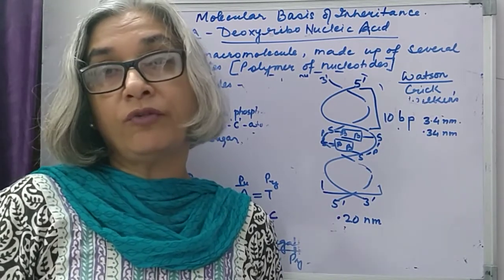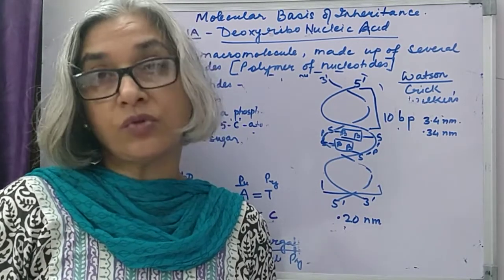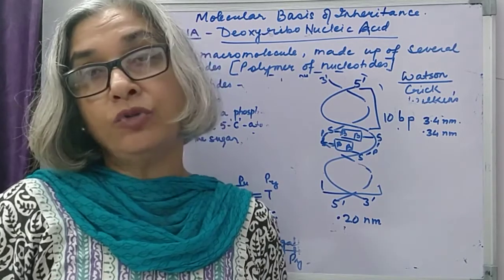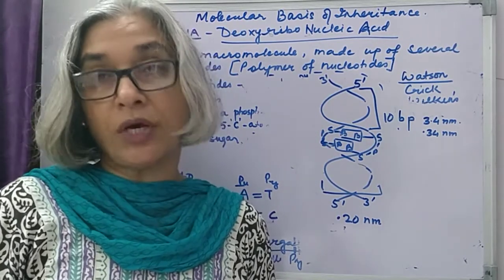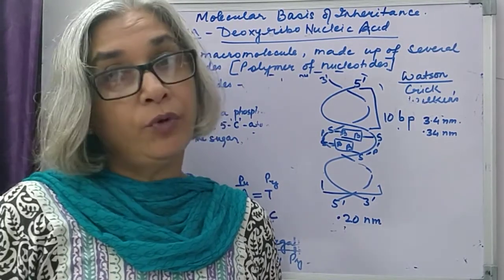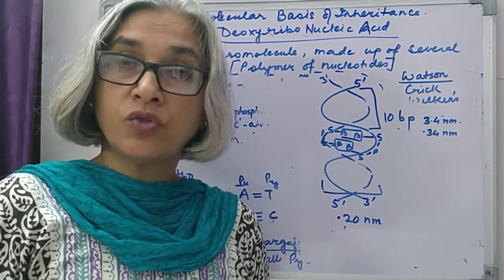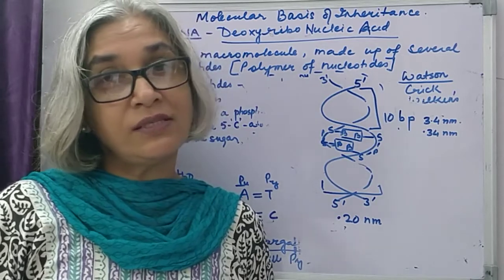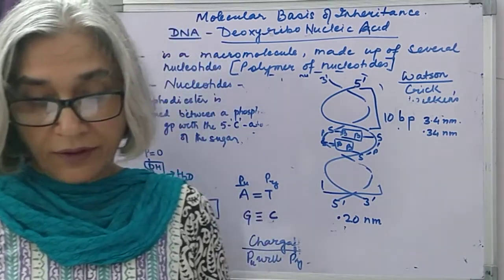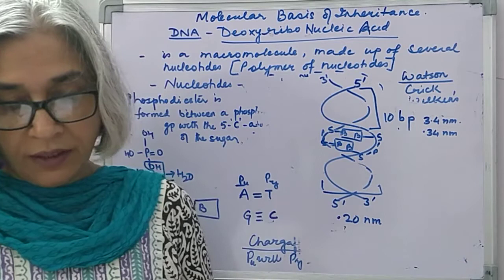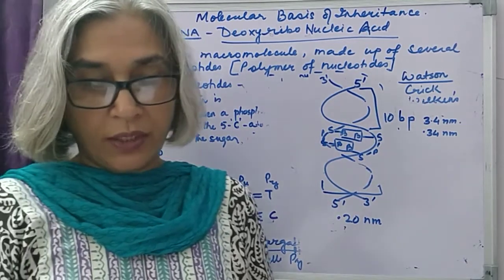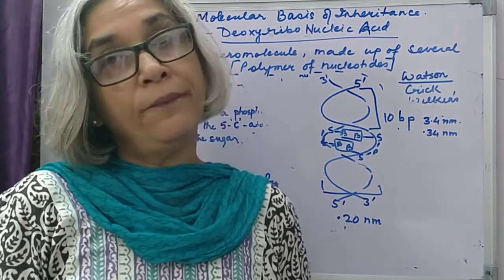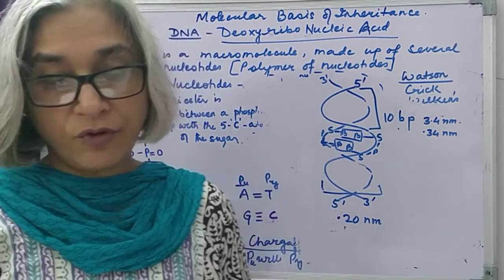The amount of guanine is always equal to cytosine, and the amount of purine is equal to the amount of pyrimidine. Purine is adenine plus guanine, so adenine plus guanine is equal to pyrimidine, that is cytosine plus thymine. And the ratio of adenine plus thymine to cytosine plus guanine is constant for a particular species. All these points I have told you.